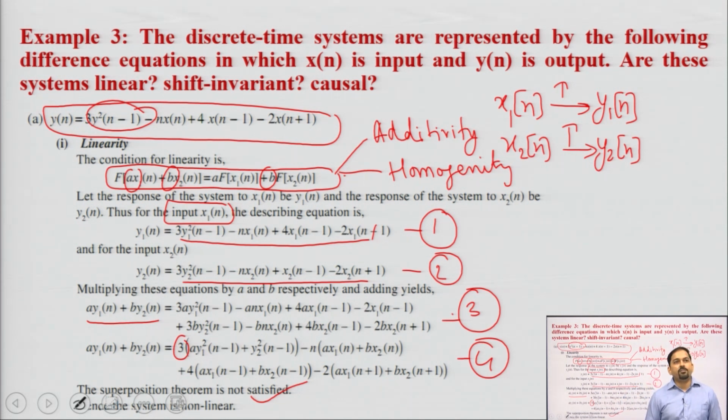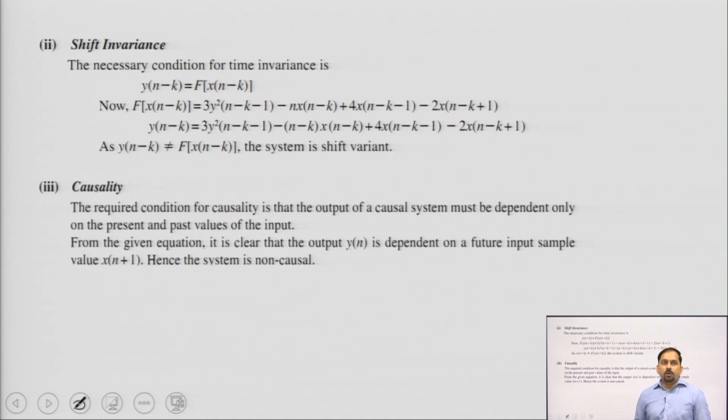Now, we will check whether the system is variant or invariant. How can we verify? There is a small condition we have seen in the last lecture: first of all, we shift the input signal and apply the system, see the output, and then we apply the system first and perform the shifting.